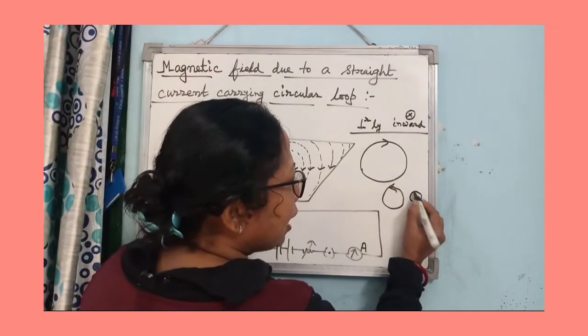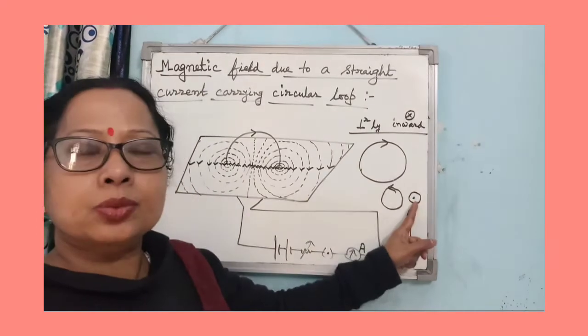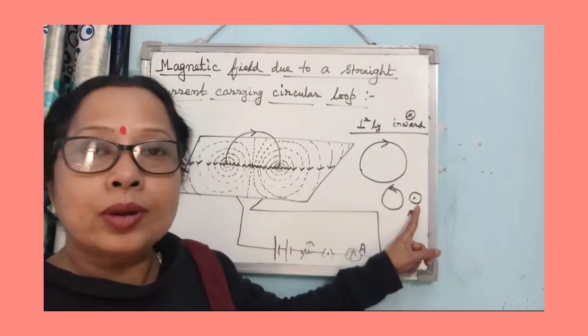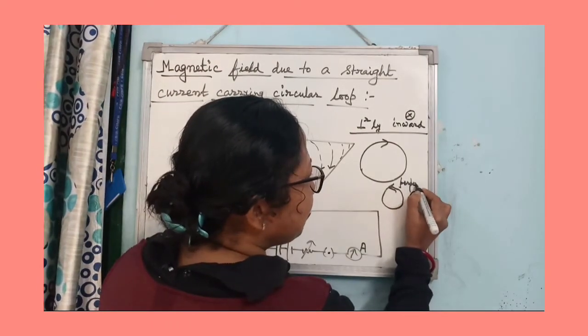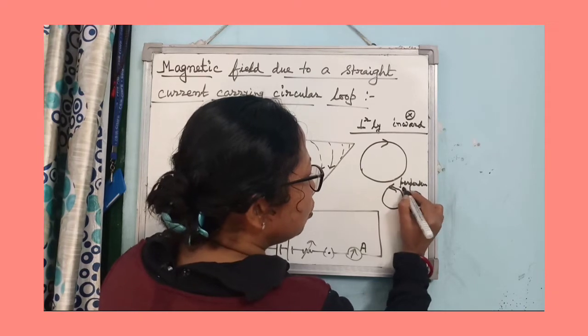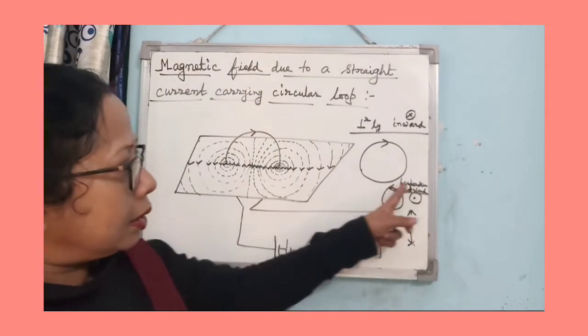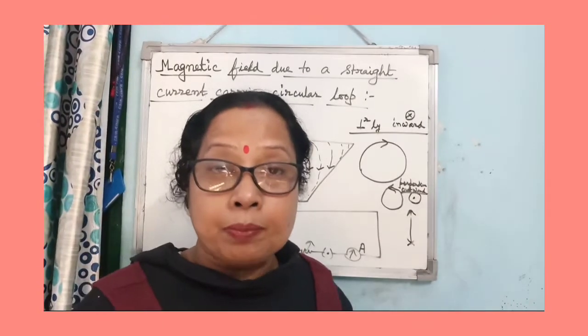The tip of the arrow looks like this, so we represent it by this one. This represents the perpendicularly outward direction.